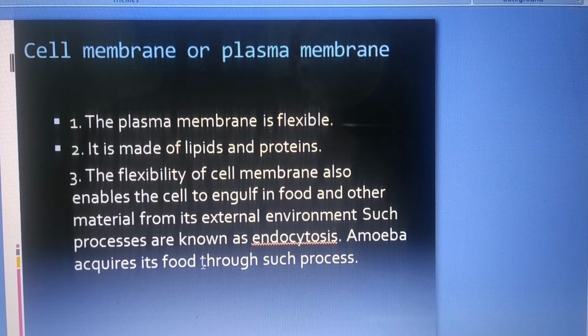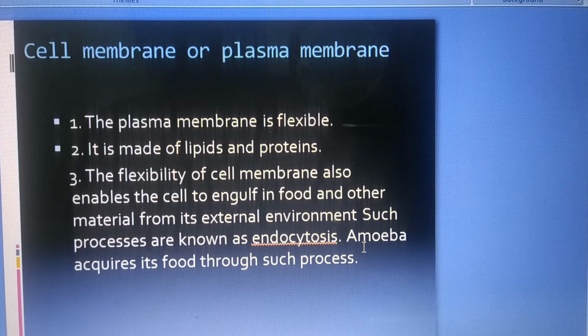Amoeba acquires its food through such a process. So the flexibility of the cell membrane of amoeba is still more. It can stretch its cell membrane and also form pseudopodia. These you will be studying further in higher classes.